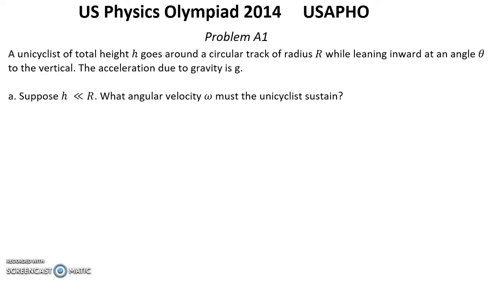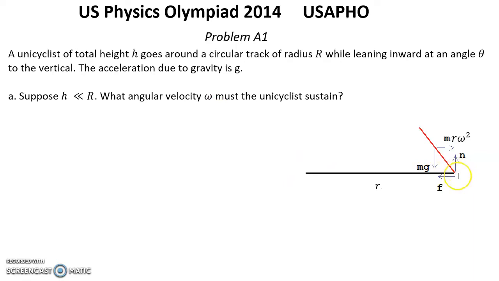Solution for question A. Here is the picture. We have a unicyclist in the form of this red line, which is moving in a circle of radius r. If we choose a frame of reference rotating around this axis with angular speed omega, in this frame our unicyclist is stationary.